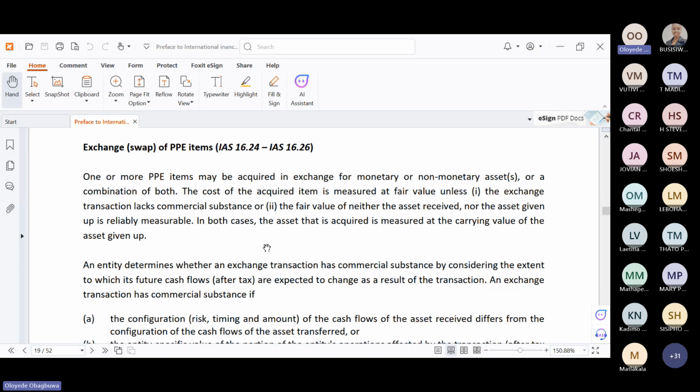For example, if the asset you acquire is 60,000 and the book value of the asset you are giving out is 50,000, and these conditions exist, that is, the exchange lacks commercial substance, and the fair value of those assets cannot reasonably be determined, then you are going to measure that asset you acquired in your books using 50,000, which is the carrying value of the asset that you are giving up. So that is the story here, okay?